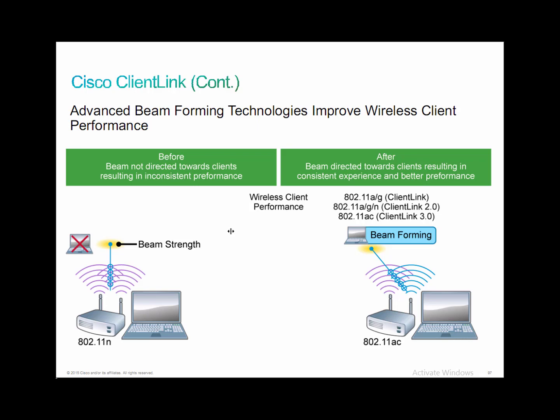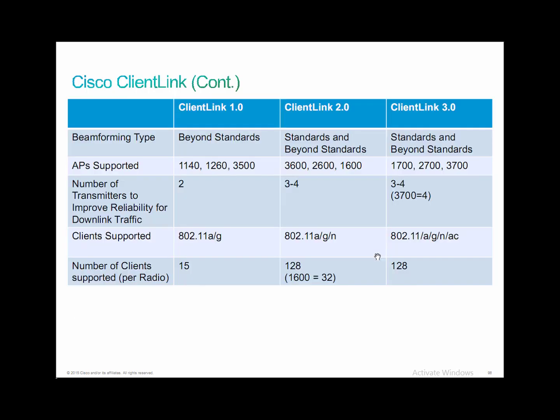So within a mixed mode environment, legacy clients like A clients and G clients, and N clients today, have different requirements for connectivity. So the Cisco ClientLink feature allows us to handle that.